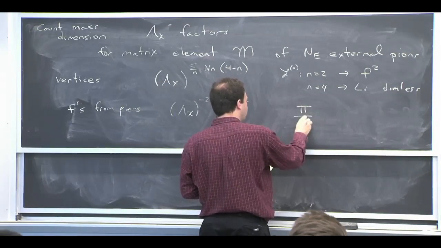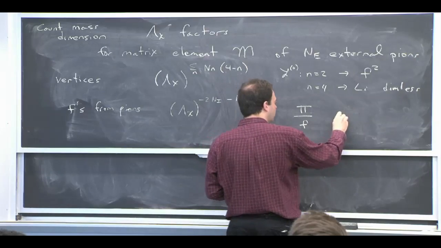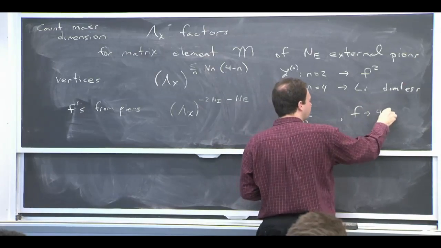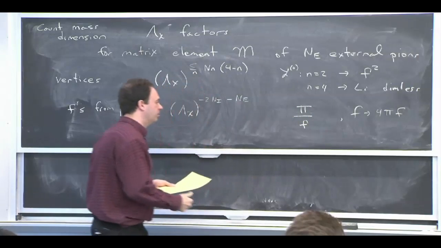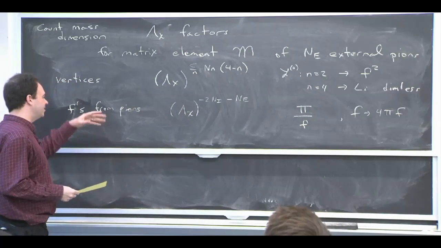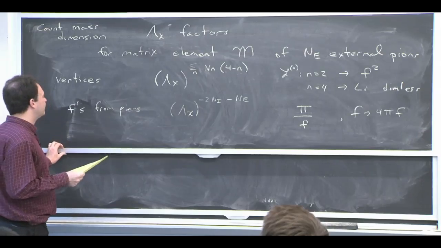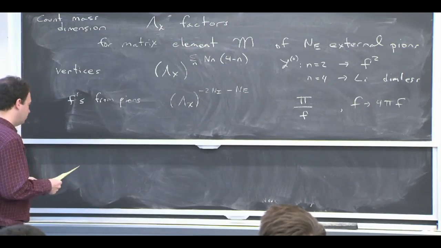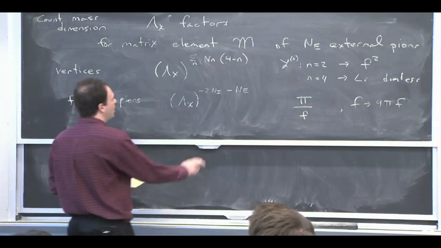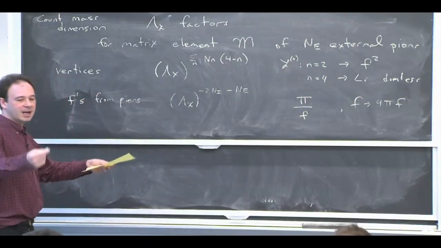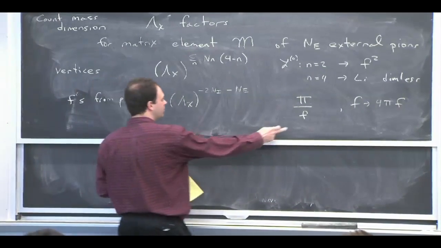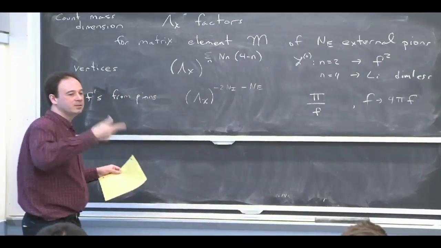You always have pi over f, and I'm turning f into 4 pi f for this discussion. I'm not worrying about the 4 pi's. You could do a more fancy version of this where you worry about the 4 pi's, but let's just focus on the dimensions. So if you have an internal line that's a contraction of 2 pion fields, so that gets 2 f's, and an external line is just 1 pion field, so that just gets 1.